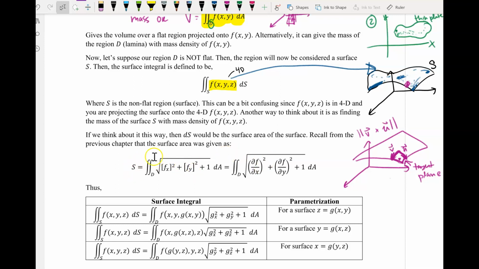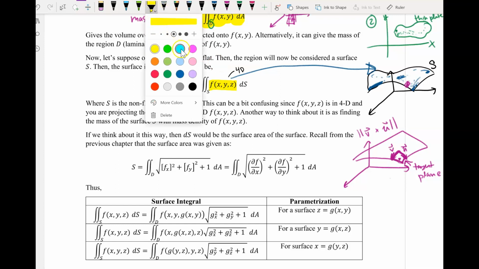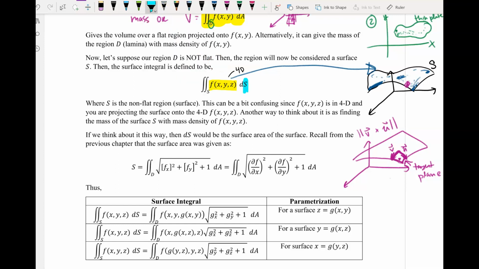So basically, this is actually going to be our ds. Our differential ds is going to be this entire thing, which is very analogous to our arc length formula.